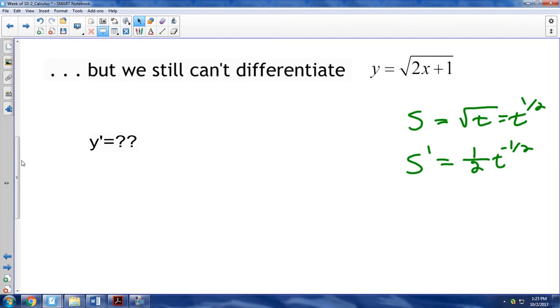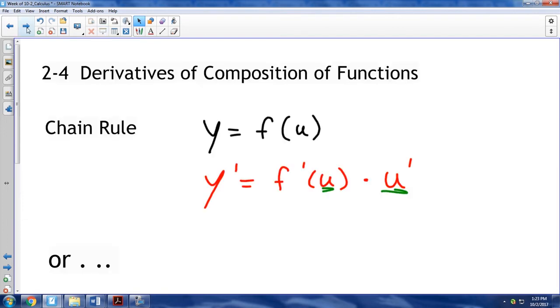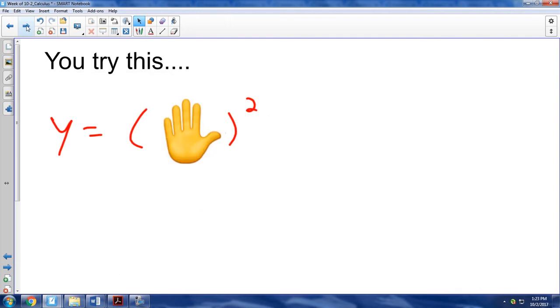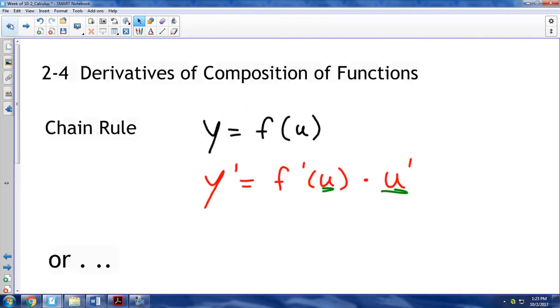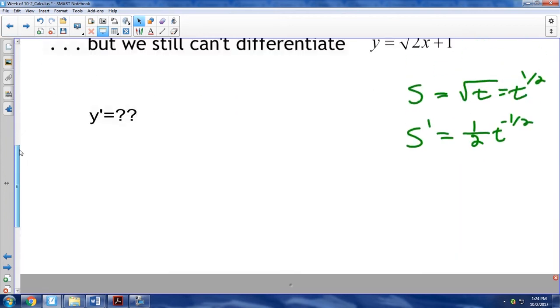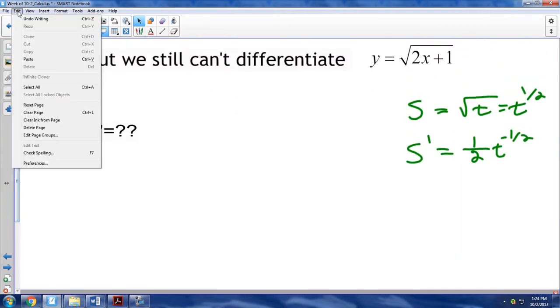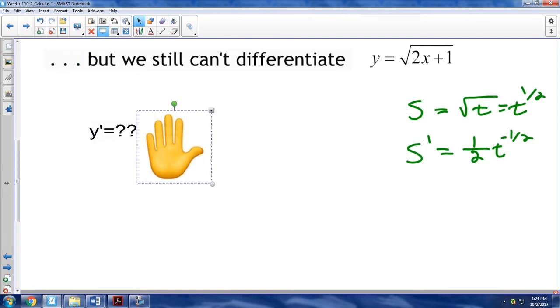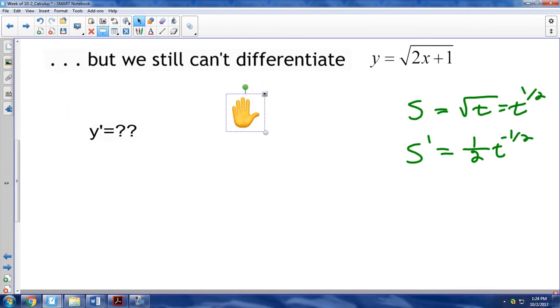So that's our problem. So we're going to use this hand over there. It's kind of funny, but it works pretty well for understanding this. I haven't taught it this way, but I've done this with a lot of different classes, and it works pretty well. So this right here is the hand that's going to cover up that.